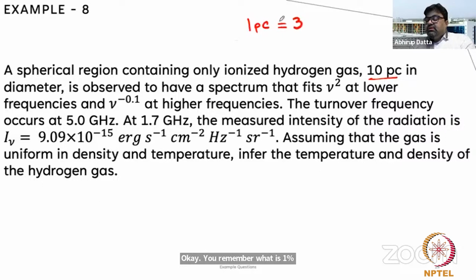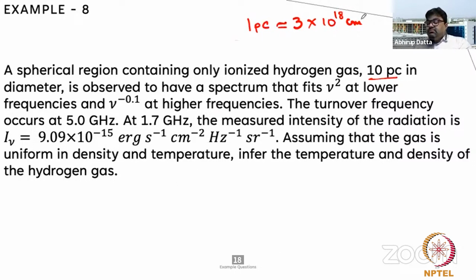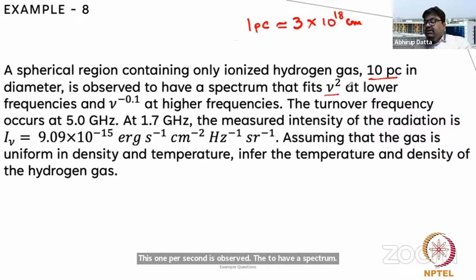Approximately 3 times 10 to the power 18 centimeter. Okay. So this region is observed to have a spectrum that fits nu squared at lower frequency and nu to the power minus 0.1 at higher frequencies.